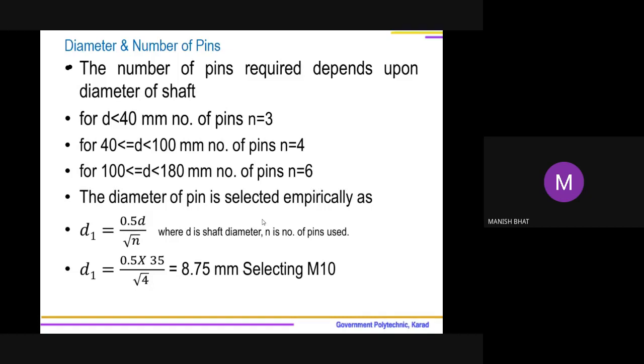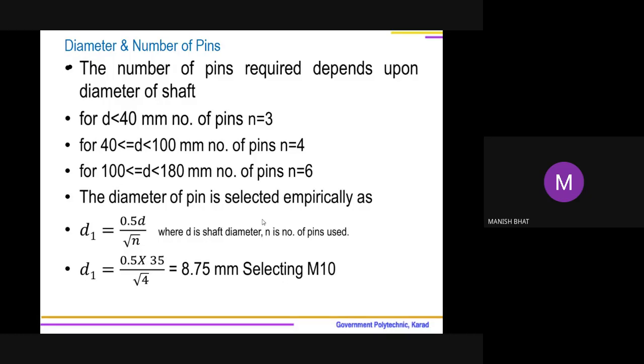Now we'll be using convention to select the number of pins. Our diameter is 35. Actually, it is desired that the number of pins should be 3, but we will be selecting 4 pins, so that the overall dimension of the pin will be small, and the hole provided inside the flange will be small. We know there is an empirical relation to find the diameter of the pin D1.